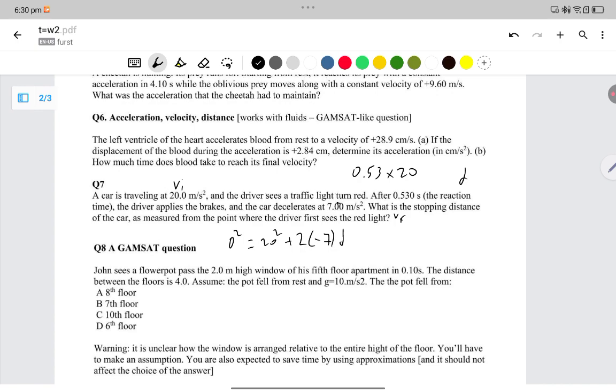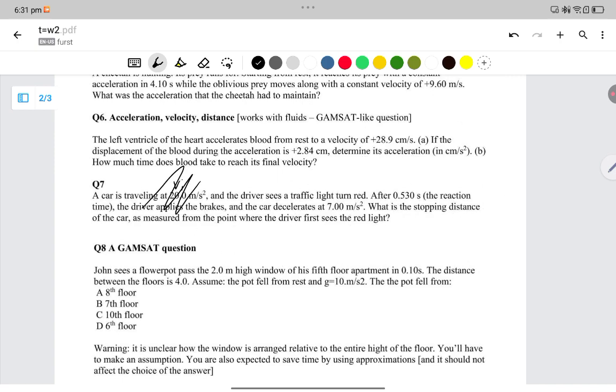So what's the distance? Distance equals negative 20 squared over 2 times negative 7. So what's that? That's about 28.57. So you just add this to the one over here, and that'll be your answer.